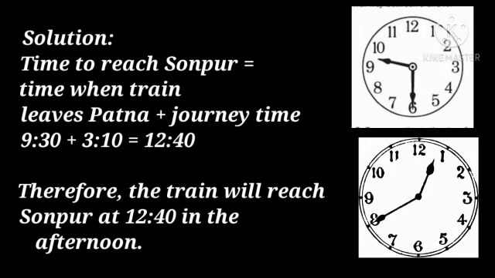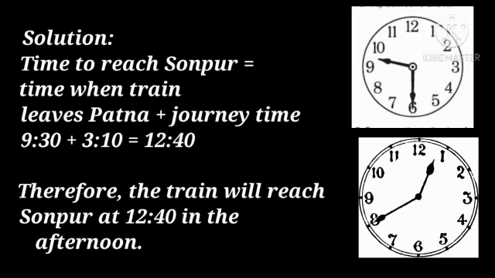We'll go for solution. Time to reach Sonpur is equal to time when train leaves Patna plus journey time. So we have to add both the times. So at what time does the train leave Patna? It is 9:30 and the journey time is 3 hours and 10 minutes. So 9:30 plus 3:10 we get 12 hours and 40 minutes.